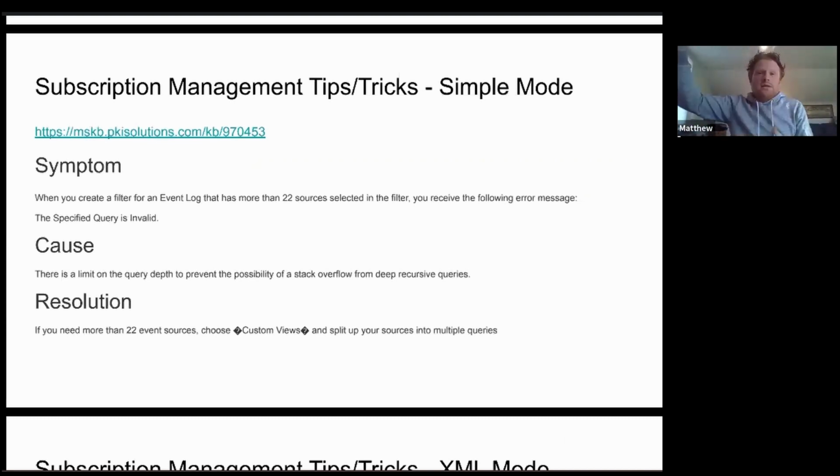You have multiple queries inside a subscription. You cannot have more than 22. You can have 21 event codes and 5 different queries. Works. The other way around, it's not going to work. It's just going to say unknown error, not going to work, and you're going to pull your hair out because Cribl will process it just fine.